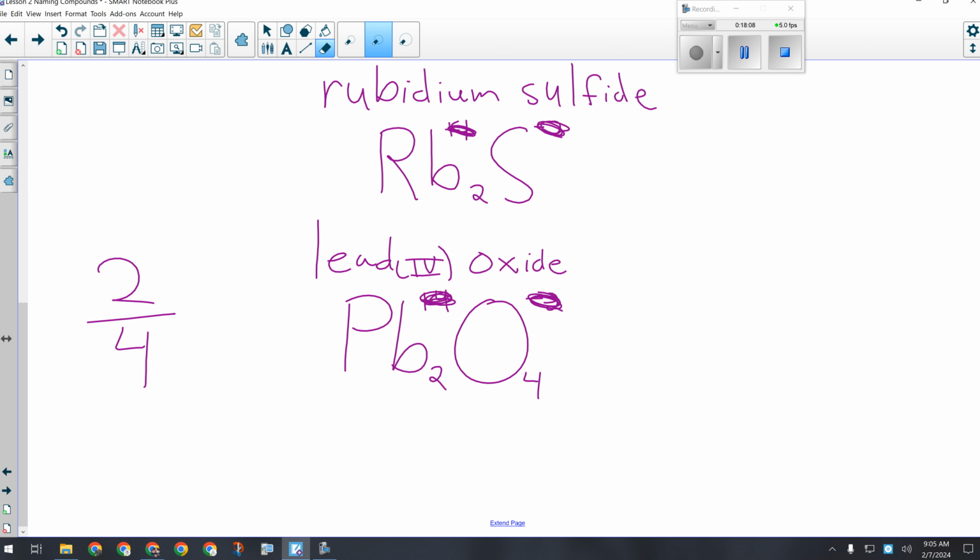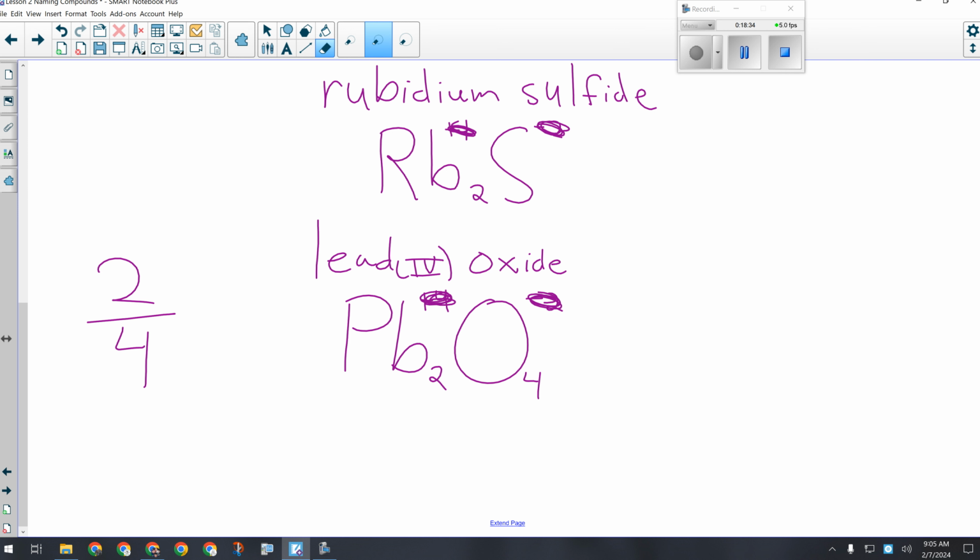Would you reduce it? You have to do the same thing with ionic compounds. This is not the way lead and oxygen go together. They go together in whole number ratios, but the part of that third point of the atomic theory where it says whole number ratios, it doesn't say this, but it's true. Simplest whole number ratio. So you have to simplify it down if you can.